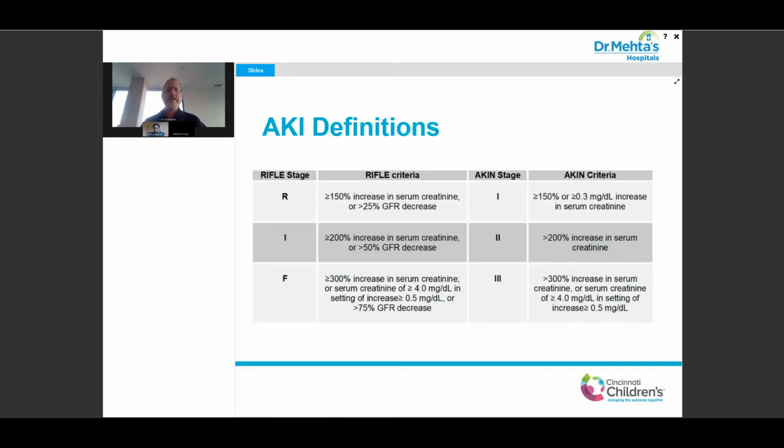Then the AKI definitions in the last part of the previous decade started to get a little more refined. So the Acute Kidney Injury Network, or AKIN criteria, look very much like RIFLE, but they add the 0.3 milligram per deciliter rise in serum creatinine that we learned about or was observed in the Chertow paper.